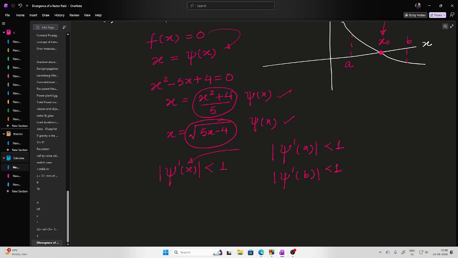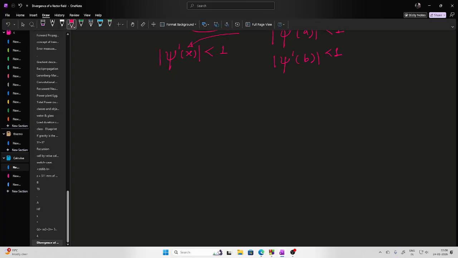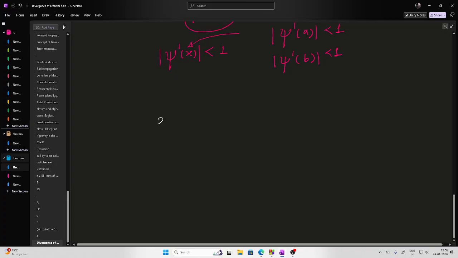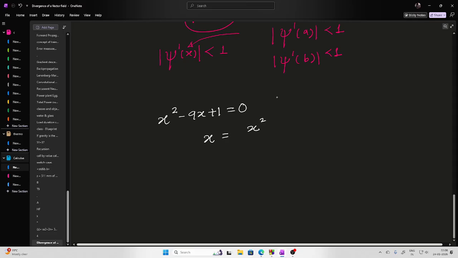So let us take one example and try to understand how this works. Consider an equation x square minus 9x plus 1 equal to 0. Then I can write this equation as x is equal to x square plus 1 by 9.